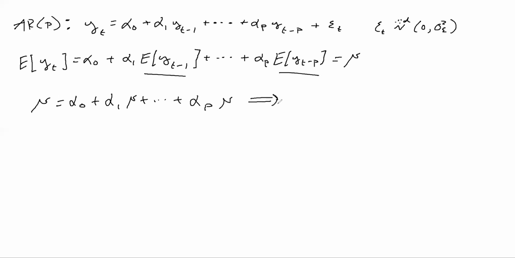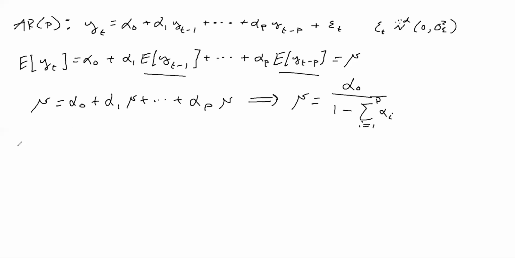So you can subtract all the terms with the mean in it and solve for the mean, which would give you alpha 0 divided by 1 minus the sum of our coefficients from 1 to P. So this is the expected value for our autoregressive P order process.